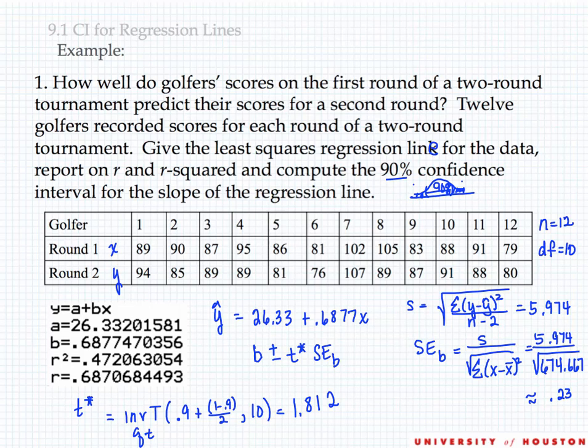So our confidence interval will be our slope, oops, that's our A, sorry, our slope, plus or minus our T star times the standard error. And that gives us the confidence interval from approximately 0.27 to 1.105.